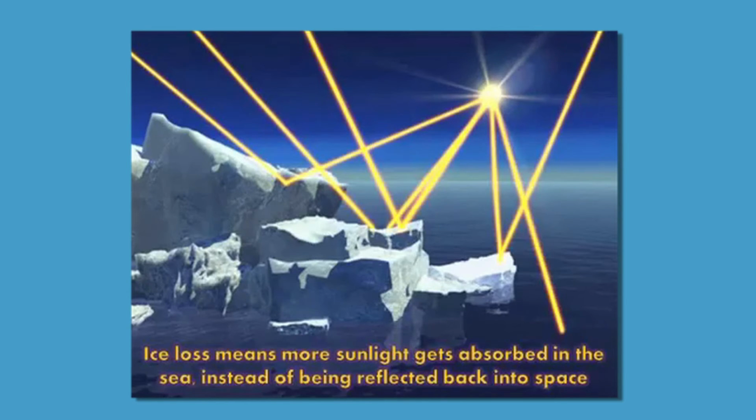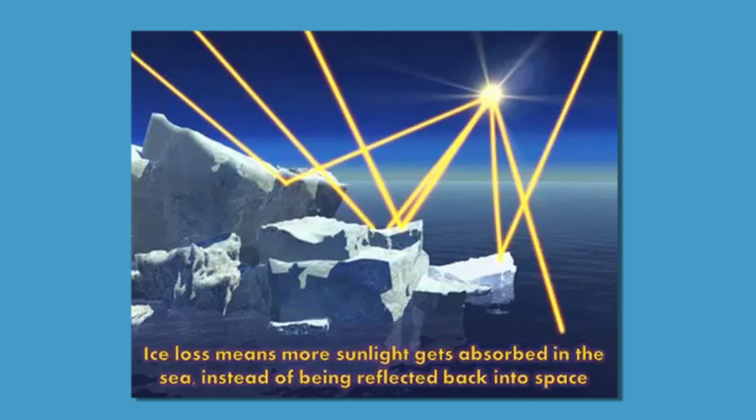And ice loss means that more sunlight actually gets absorbed into the sea instead of being reflected back into space. What could that mean? Well, obviously, sea is darker, so it's going to absorb a lot more energy than white. You know how it is when you go out on a hot day.